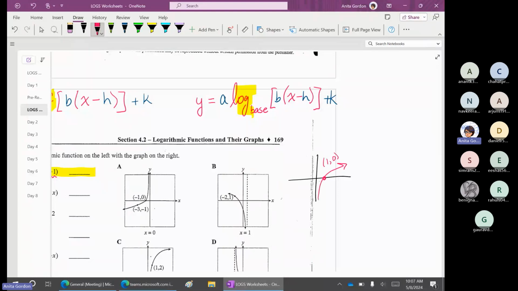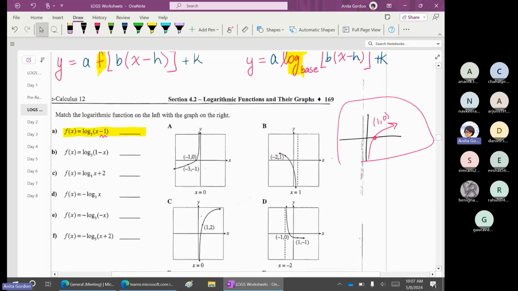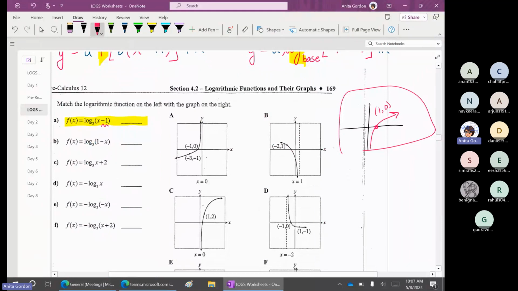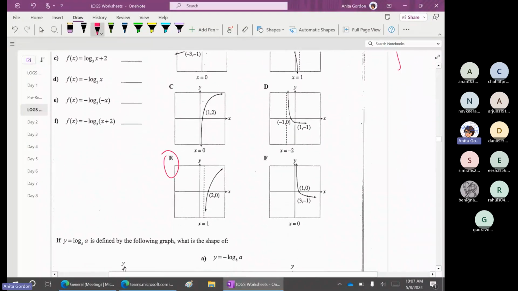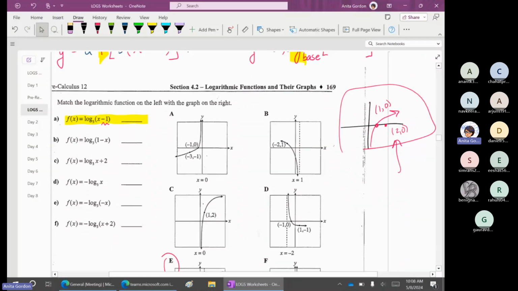So if I'm moving it up or down or left or right or reflecting it, this is the starting point that you have. So what picture has this moved to the right 1? If I move to the right 1, I'm looking for an intersection at (2, 0). Right there. So you're just matching the picture.